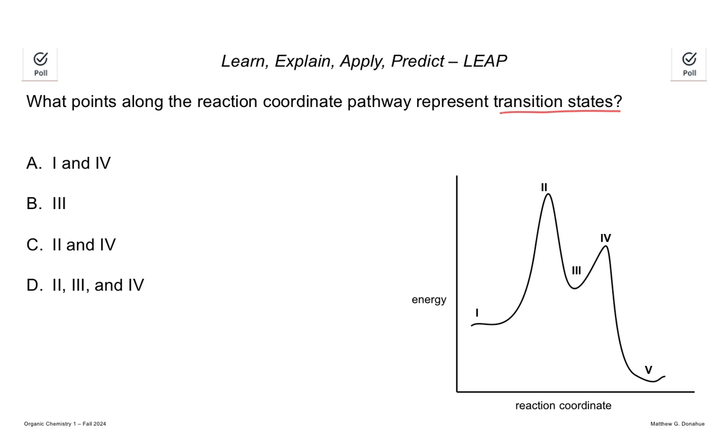So notice the term now is plural, transition states. It's not just one. So as the mechanisms get a little bit more complex, they can go through multiple transition states, but only one of them is going to be rate limiting. So the highest points are the transition states, so that's C.